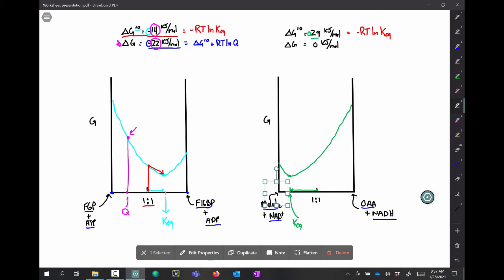Right? And if you think about this again as potential energy, the potential energy of our reaction at actual conditions, where that pink arrow is, is much greater than our potential energy at standard conditions.